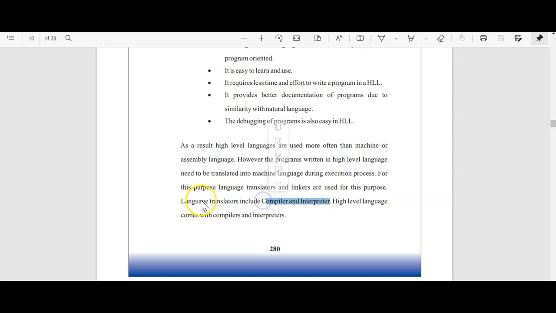These both are language translators, but there is a slight difference between them. This is a very important topic from the exam point of view, to differentiate between compiler and interpreter. They are basically the translators which translate the high level languages into a low level language or a machine language.